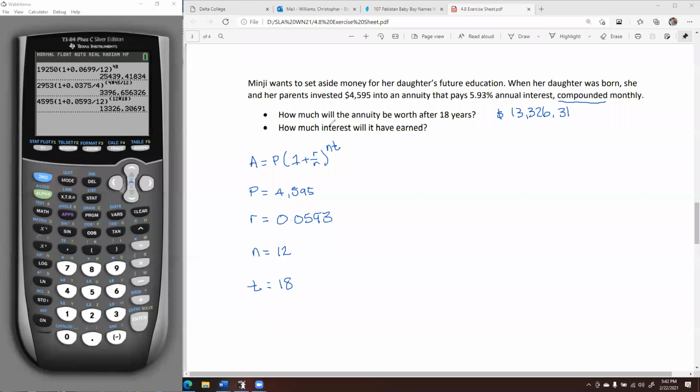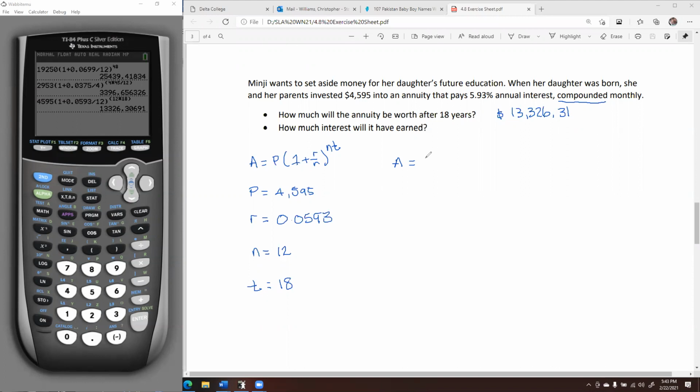All right, so now what we need to find is how much interest this will have earned. Now that's a different question. So let me lay this out for you. Would you agree with me that the total future value of this investment is going to be made up of two general components?